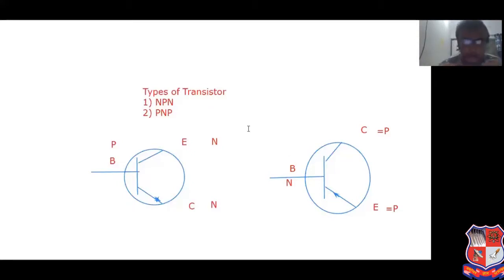Now I will start with the working operation of NPN transistor.